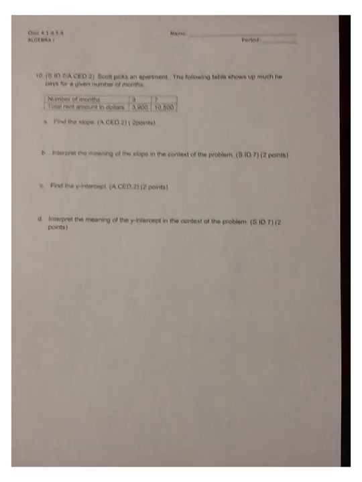Okay, Scott picks an apartment. The following table shows how much he pays for a given number of months. So again, we have x1, x2, y1, y2. So we're going to find the slope. We have y2 minus y1 over x2 minus x1. y2 is 10,500 minus y1 is 3,900 over 7 minus 3.